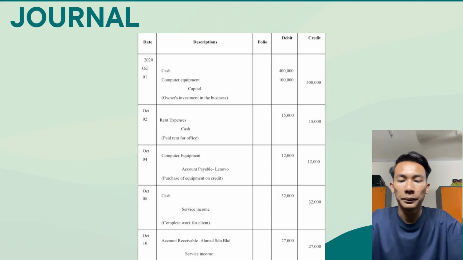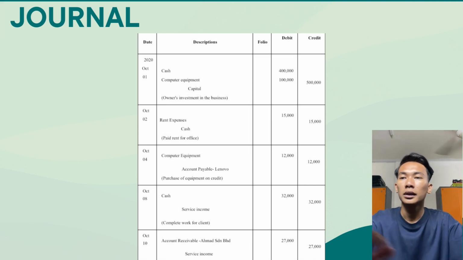Here, I already prepared the account journal for my case study, and we can see the transactions that have been shown in the question, and we can divide the transactions into credit and debit correctly.